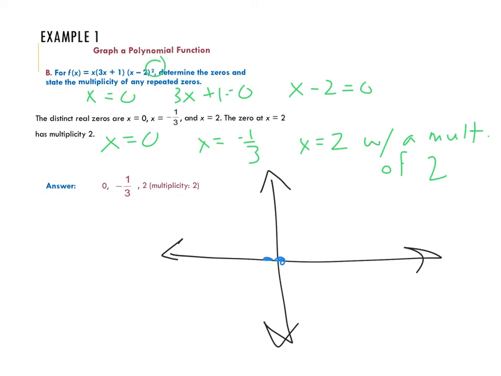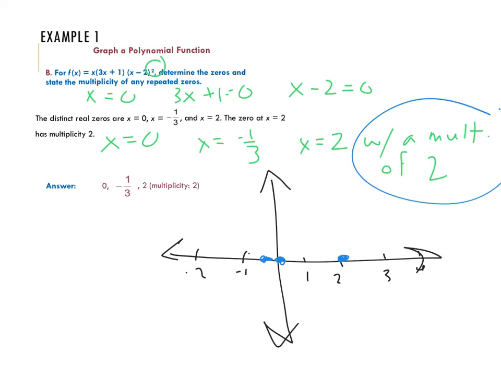So say this is 1, 2, 3, 4, negative 1, negative 2. So again, here's my zero at 0, 0. Here's my zero at negative 1/3, and then I have another zero at 2. I know that this zero at 2 is going to touch. It's not going to go all the way through because I have an even multiplicity.